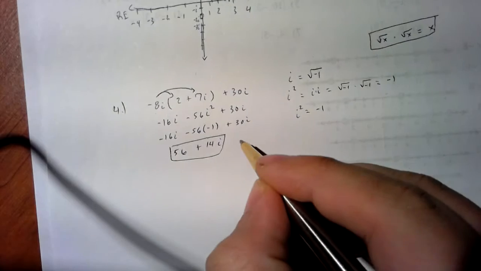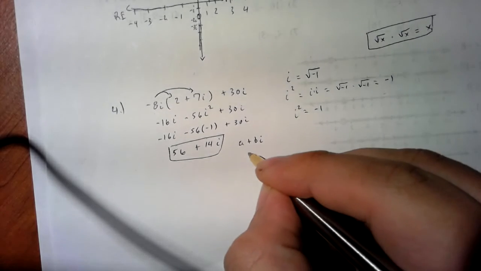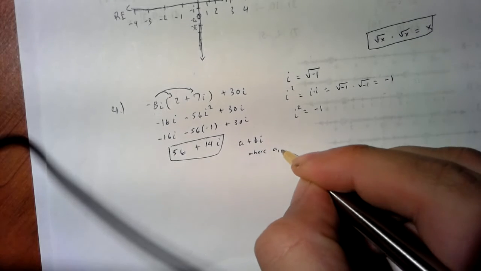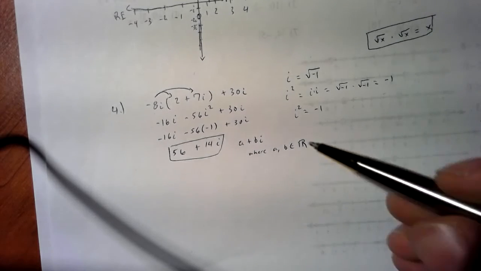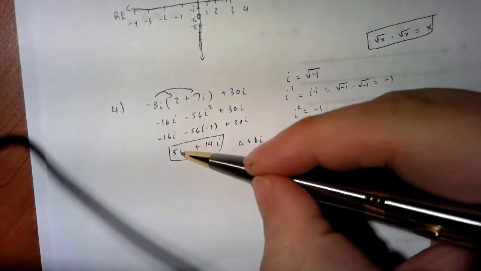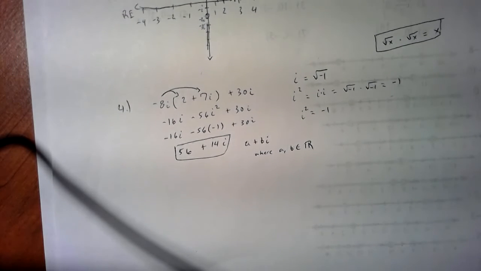Remember, our complex numbers are of the form a plus bi, where a, b are elements of the real numbers. Okay. So once we simplify our expression down to this point, we know that it's already in complex number form, and we're basically good to go from there.